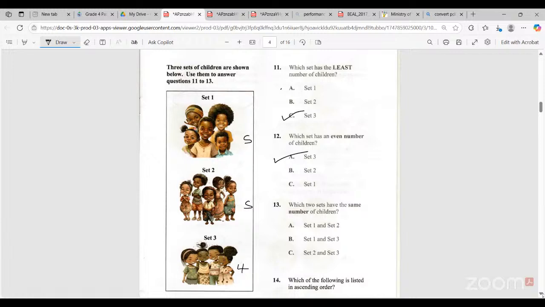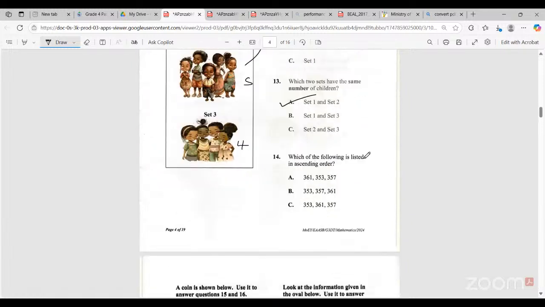So that's A. Which two sets have the same number of children? And that would be set 1 and set 2. Very easy. Both of them have 5. Let's move on to 14 now.